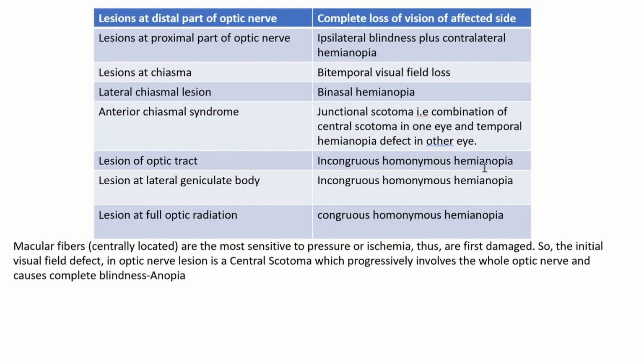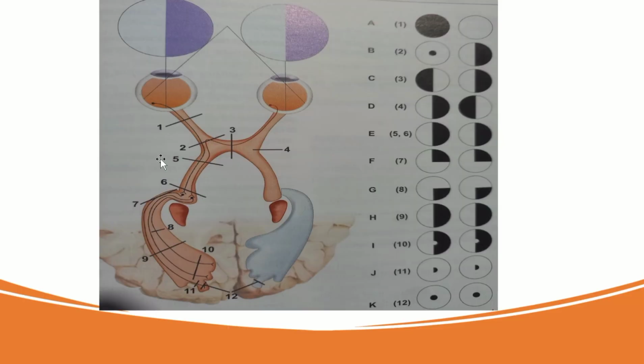The result we will get is incongruous homonymous hemianopia and congruous homonymous hemianopia. So what does it mean? I will explain here. The optic tract consists of fibers, one from the temporal side of the same eye and another from the nasal side of the other eye.